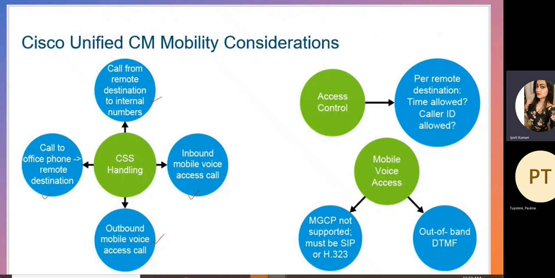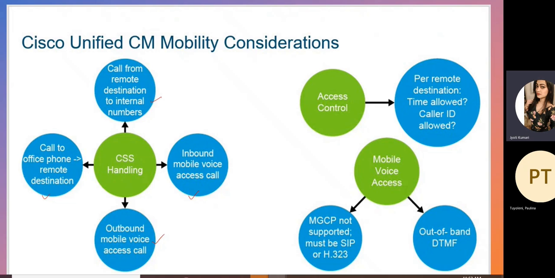So with CSS, we will be giving some additional security and privileges. Only the users who have the CSS to make those calls will be able to access those numbers and this mobility feature.